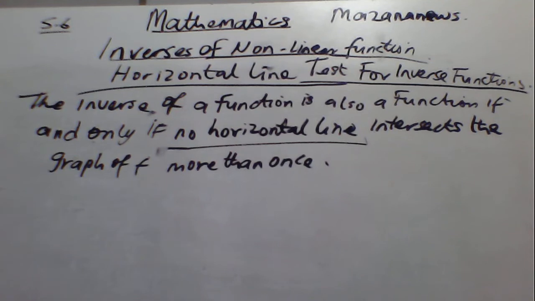So the inverse of a function is also a function if and only if no horizontal line intersects the graph of f more than once.